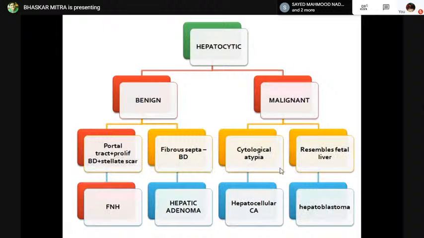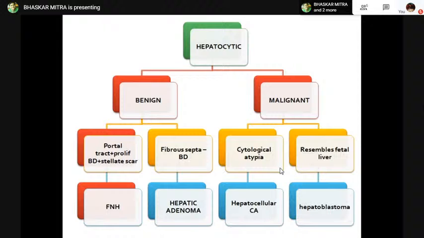Are we seeing a malignant lesion? The cells are supposed to show cytological atypia or the features of malignancy. If we see cytological atypia in the hepatocytic cells, first we have to consider what we are seeing.